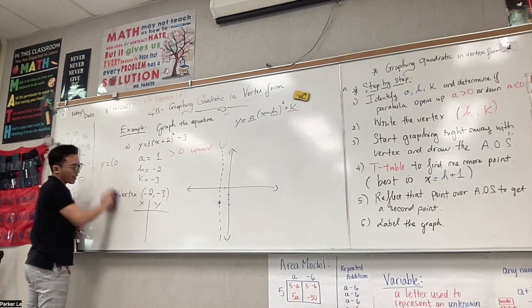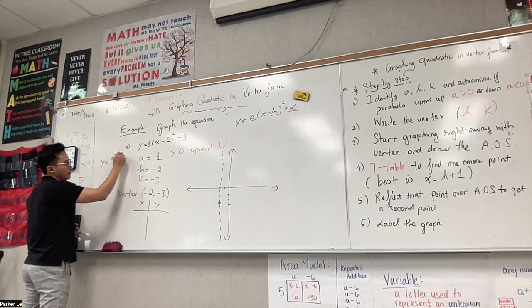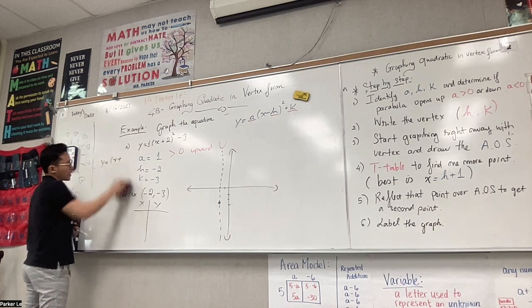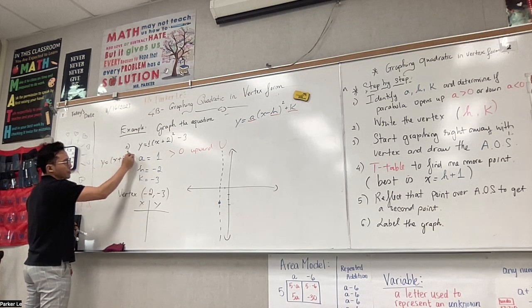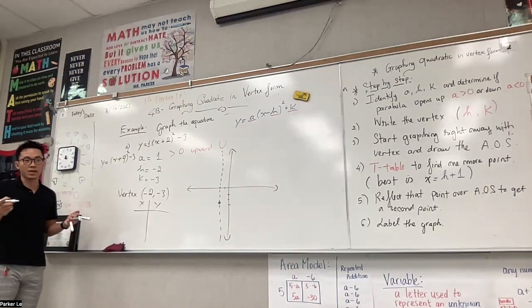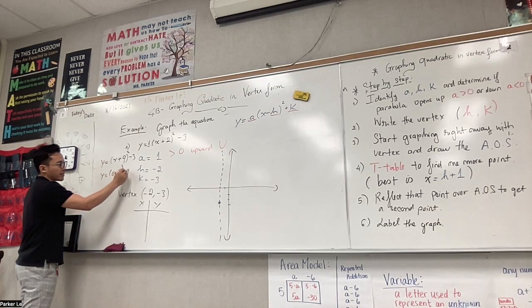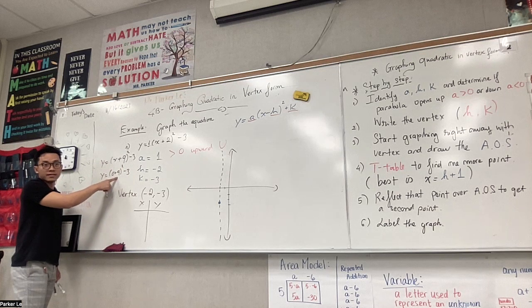You cannot see why in this example. Let's say I give you something like 9, just 9 squared minus 3. If you plug in 0, just for example, what do you have? y equals 0 plus 9 squared minus 3. That square is 81.